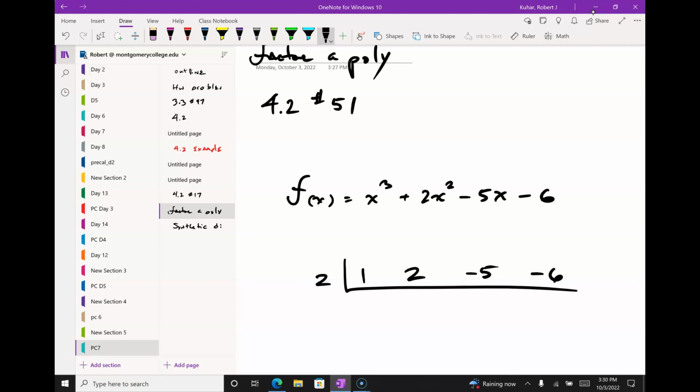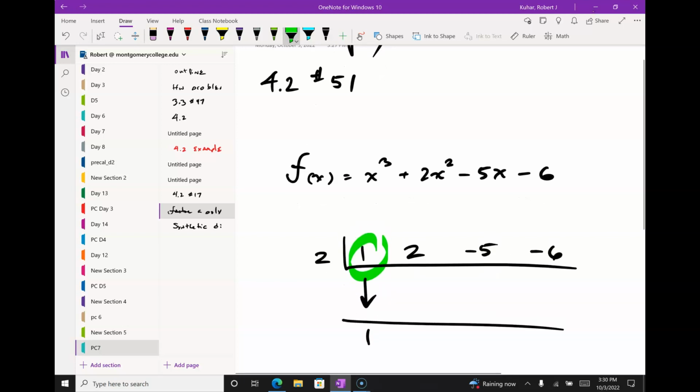But the other pieces are going to give me the factor, okay? So how do I start? I bring down the 1. Whatever's here, I bring it down, right? Good. 2 times 1 is 2. Add 2 is 4. 2 times 4 is 8. Add, I get 3, right? And then 2 times 3 is 6, and I add and I get my 0.